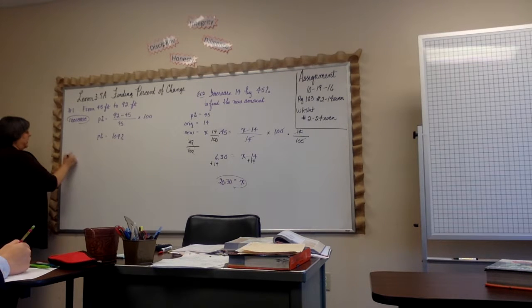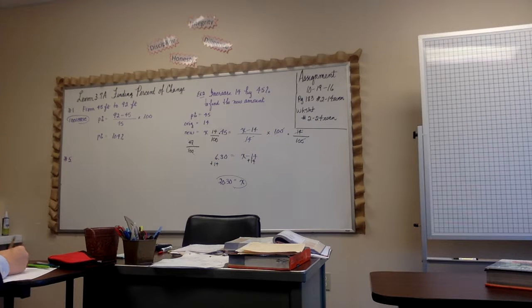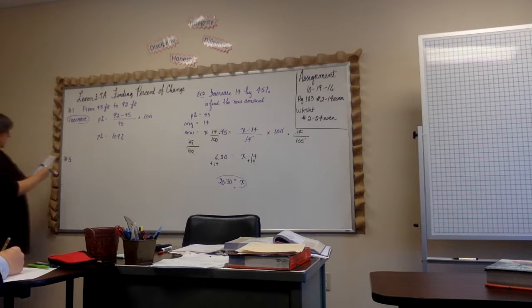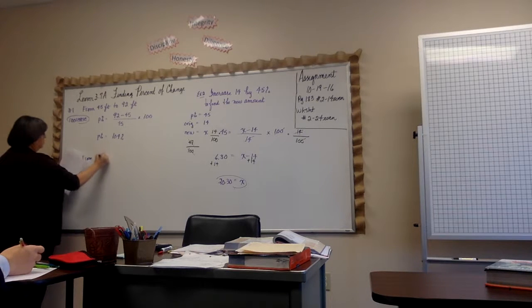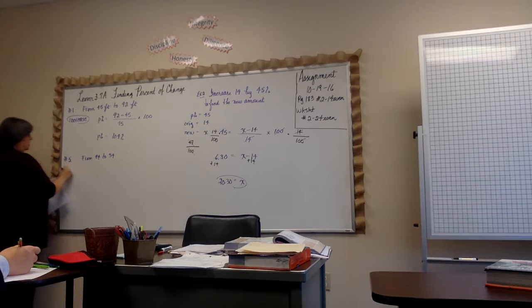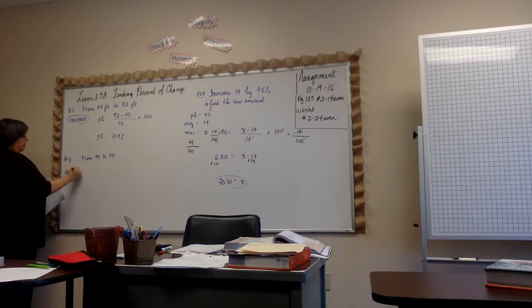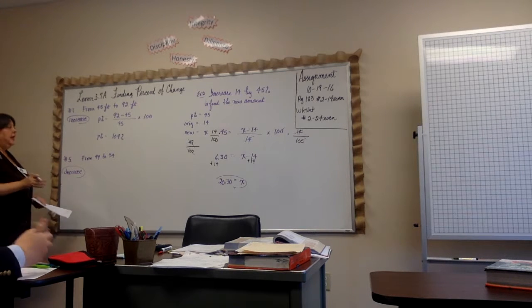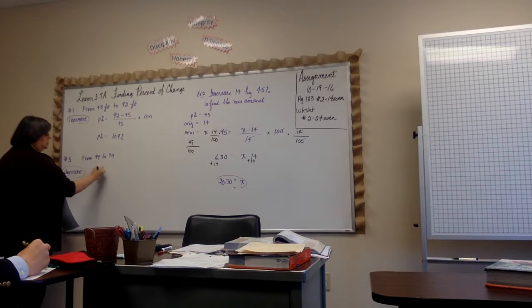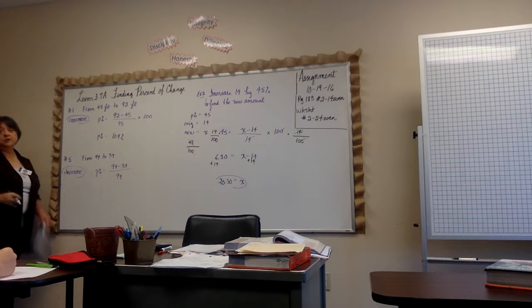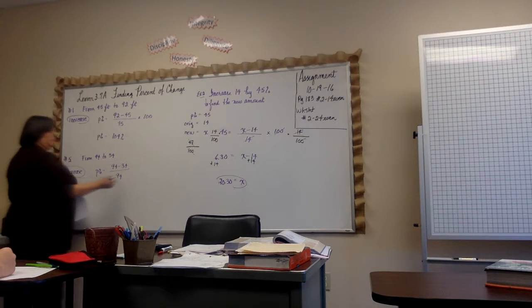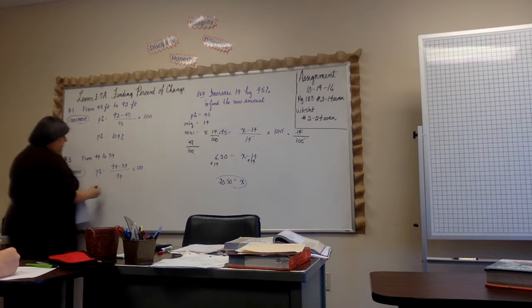Now let's look at number 5. And it's a decrease because it's going from 94 to 34. So over here on the side, they want me to tell whether it's an increase or decrease, and then find the percent of change. So it's the large minus the small over, but this time the original is the large one, times 100.